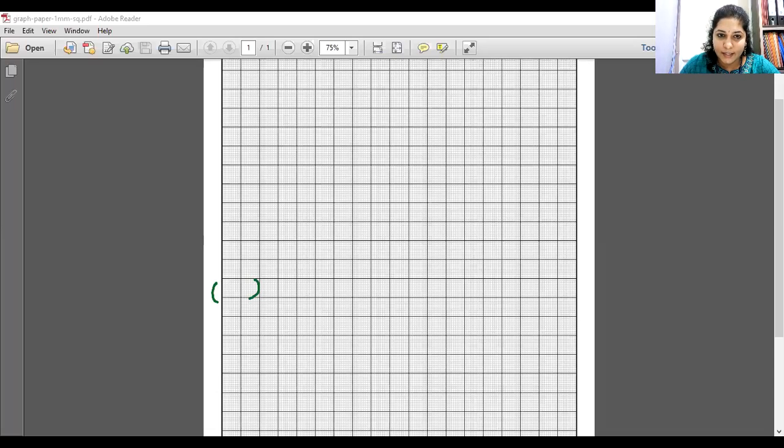So first let me write the standard format of the equation: ax plus by plus c is equal to 0. Correct? So this will be the standard format of the equation. So what is the given equation? y is equal to 3x. Correct? So now we should go ahead and start finding out the values.